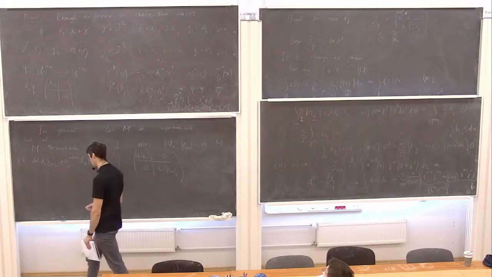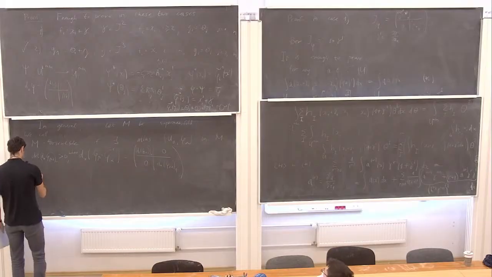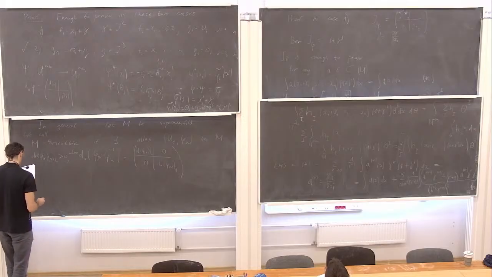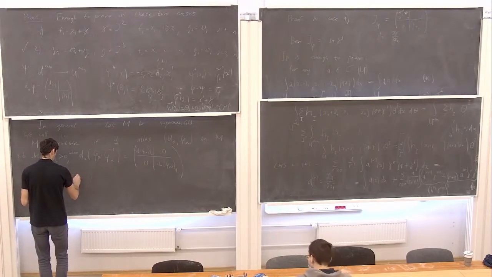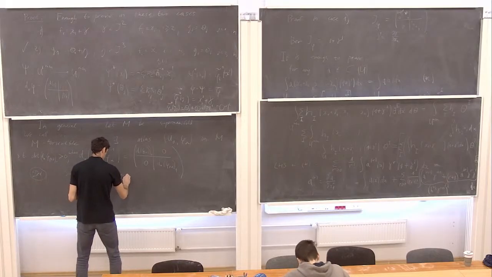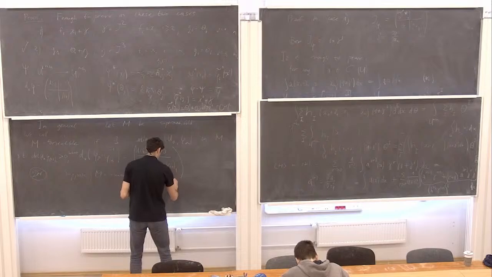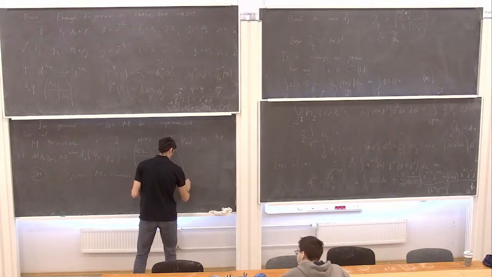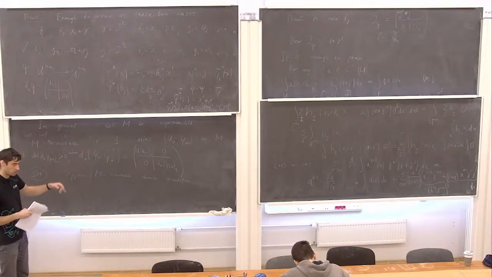So an orientation is a choice of equivalence class of such atlases. Suppose M is orientable. Maybe this I will formulate as a definition. Choose an orientation, meaning that we choose some atlas which possesses such property.